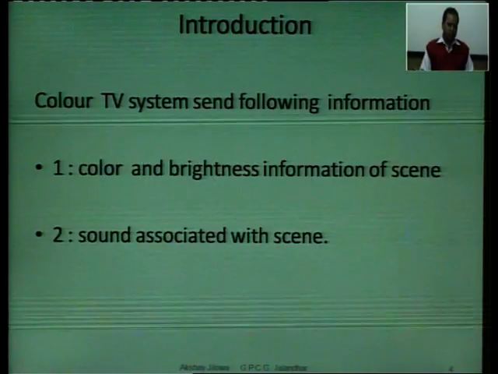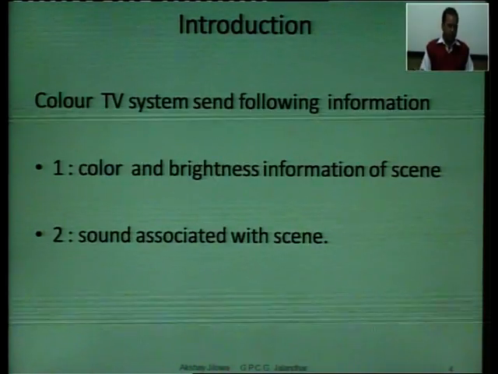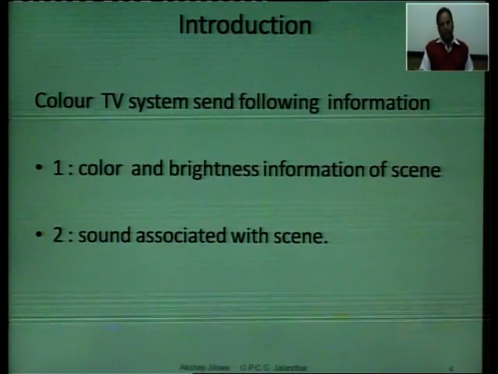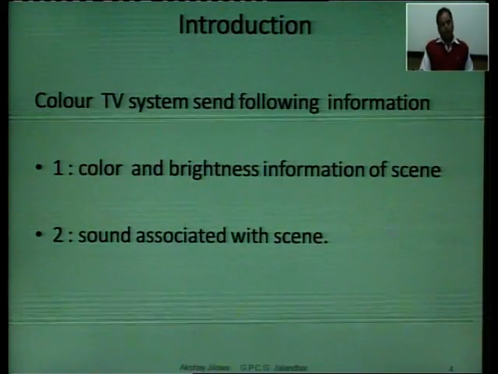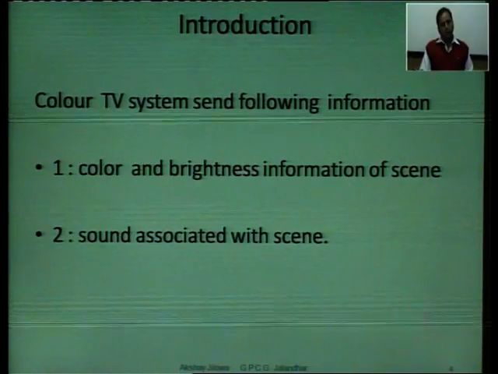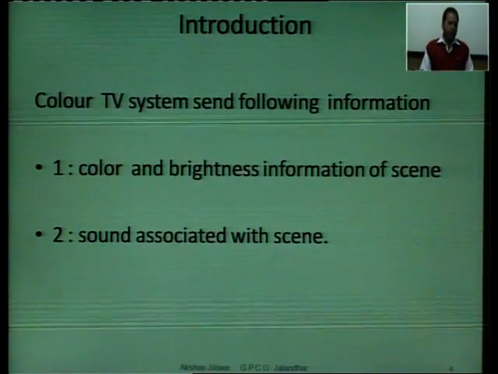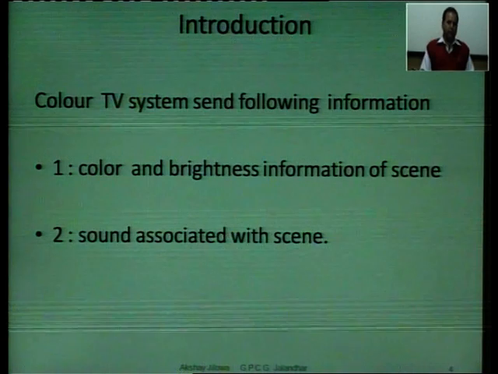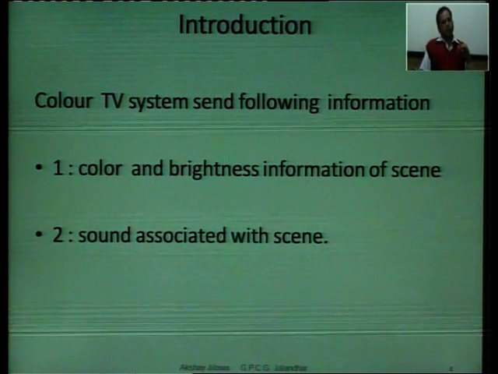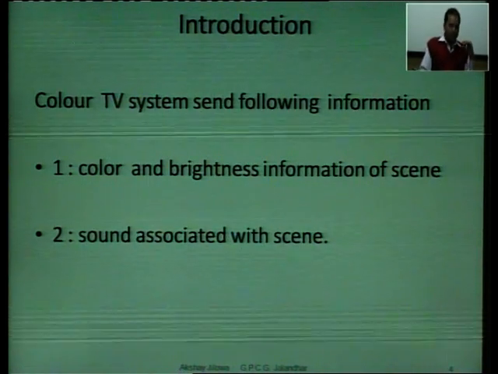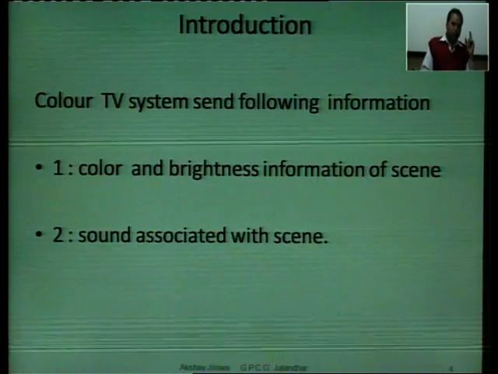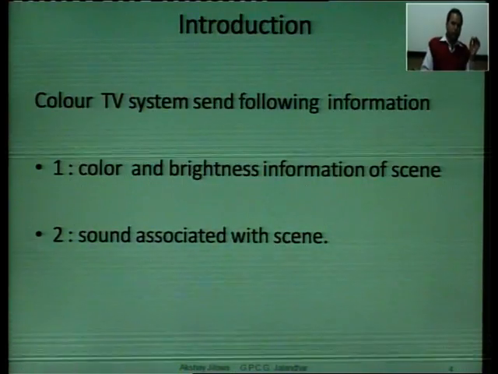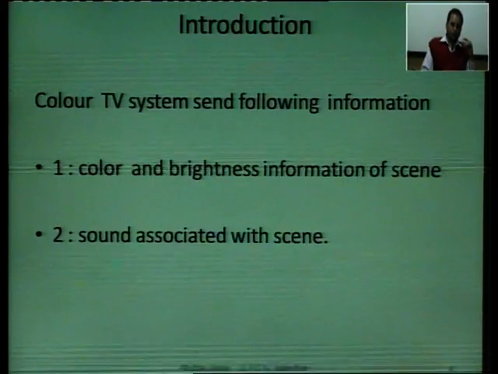Suppose a picture is a combination of various colors. So, every color has its own brightness level. So, when we send the signal, we send it not in terms of color only, but in terms of associated brightness also. Every color has its own brightness, and whenever we send a color signal, we send it along with its associated brightness information.